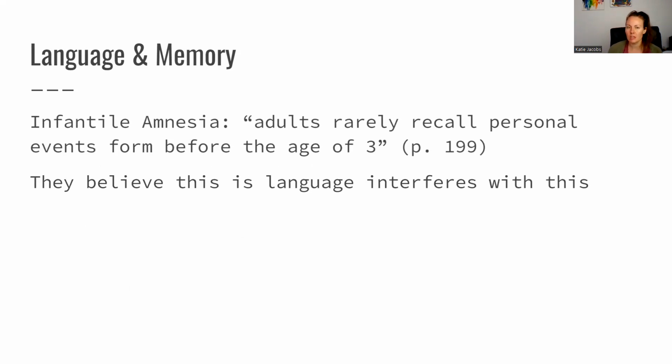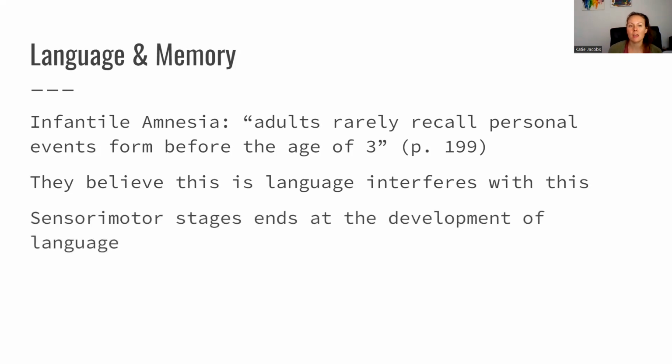So when we're little, they believe we encode, or try to store, the information in a different way than when we're adults and we have language, we try to retrieve it using language. And so we think that might be what it is. And the sensory motor stage actually ends at the development of language. So remember, sensory motor, we learn about the world through our senses and through our motor movements. And then once we develop language, that changes how we think about the world.